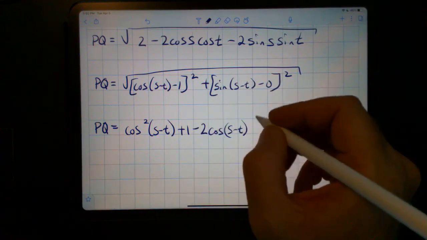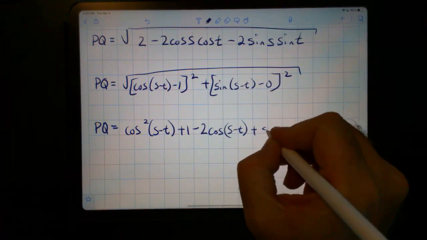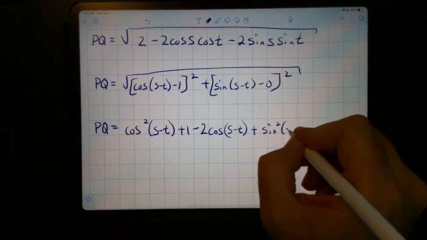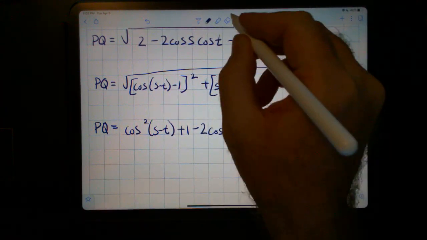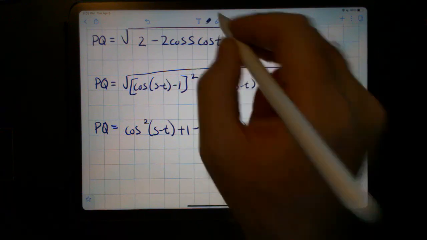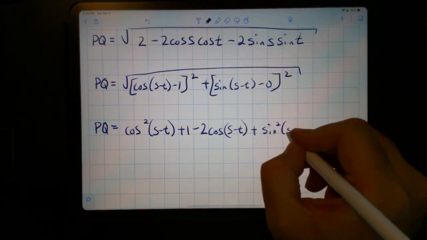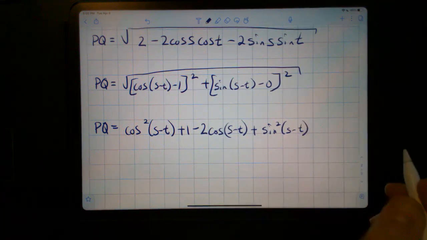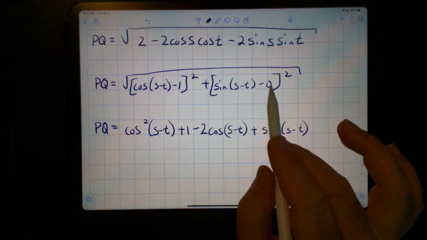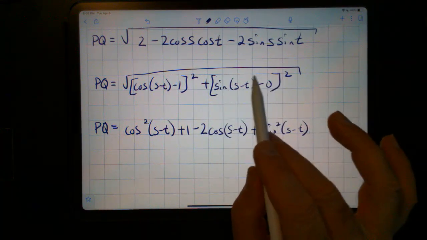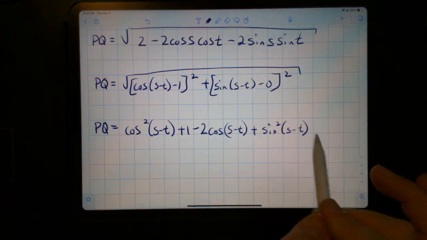And then do the same thing over here. Plus, we have sine squared S minus T, and then the 0 gets absorbed. This is the same thing as just sine squared S minus T because of the 0.